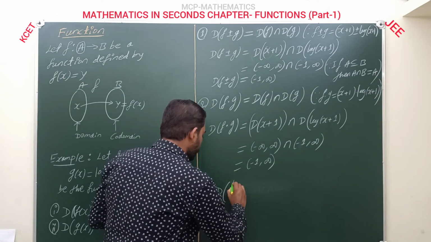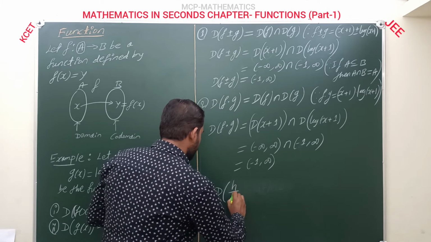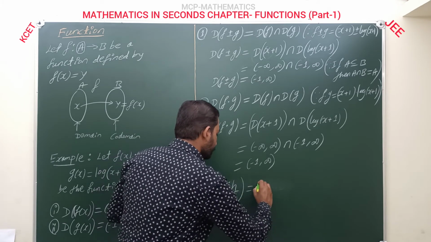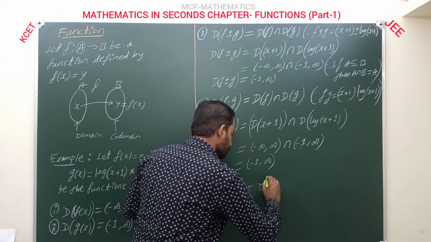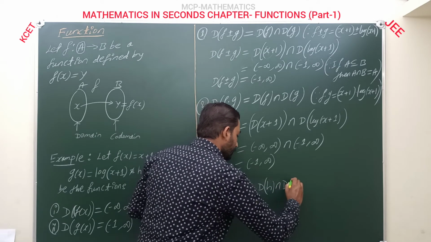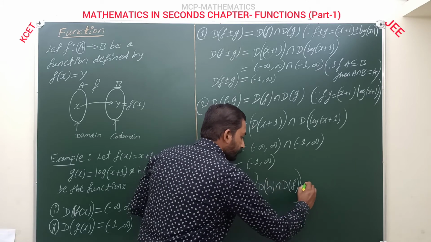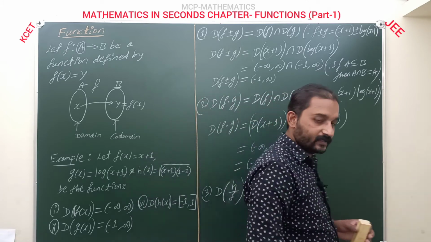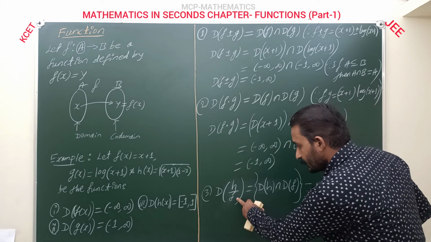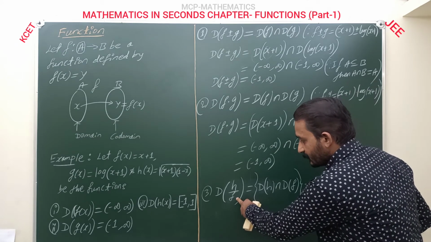We take the domain of h divided by f. Division is there in this case, so it is nothing but the domain of h intersection the domain of f, no doubt, subtracted by these elements. Here f is not equal to 0 in this case, because the function is not defined.